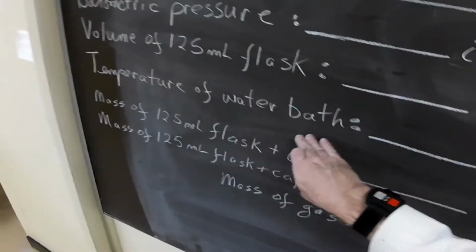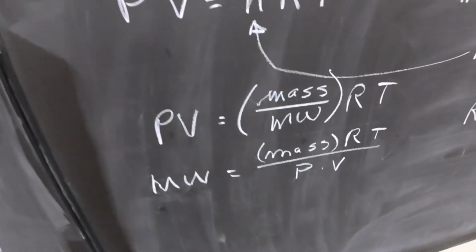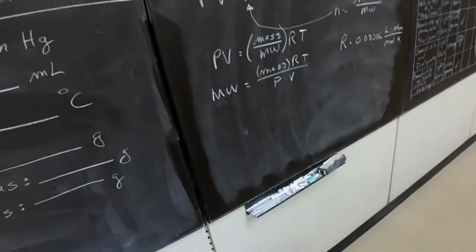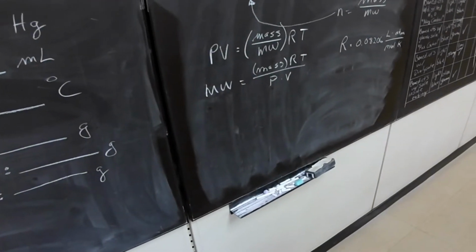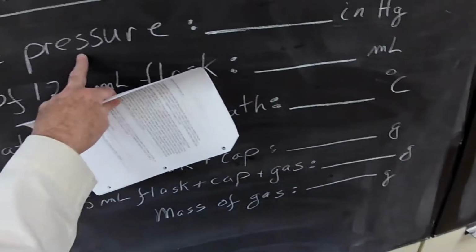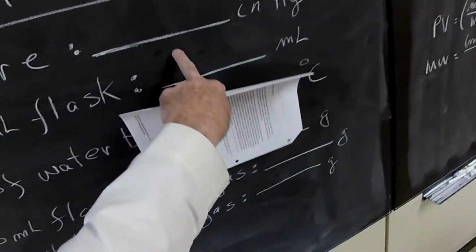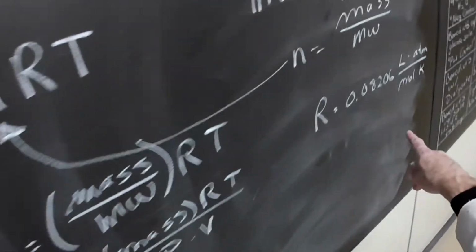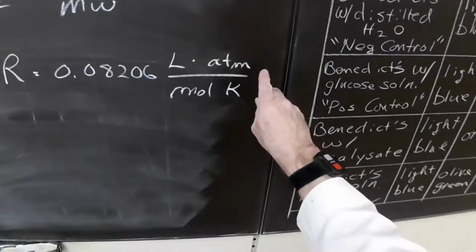So that's why we measure the temperature of the water bath, because it's the same as the temperature of the gas. The pressure is what is the atmospheric pressure, the barometric pressure. And my barometer reads in inches of mercury. Right, so inches of mercury is going to have to be converted to atmospheres.